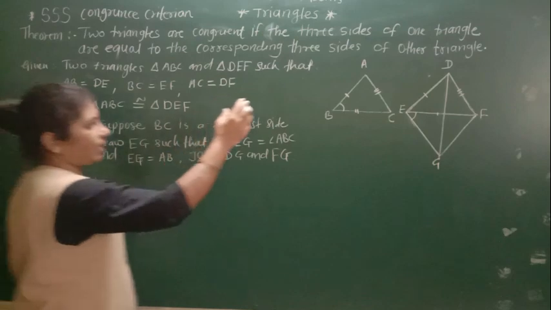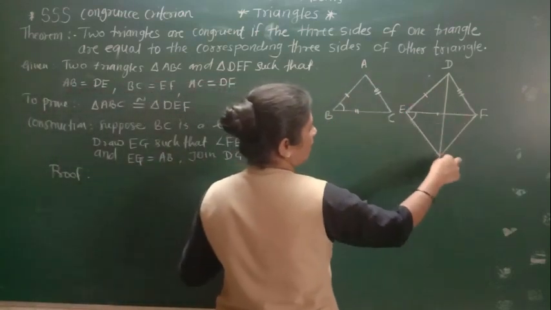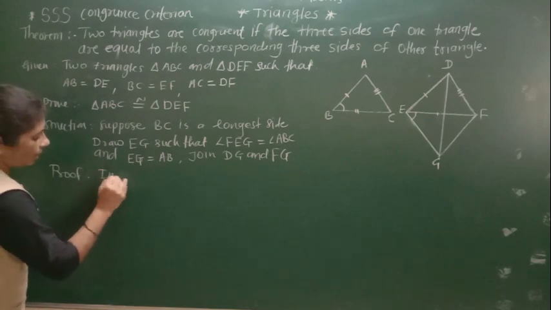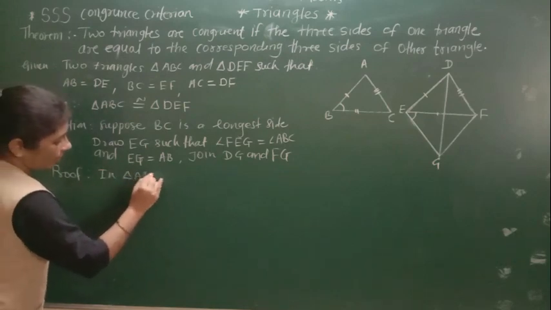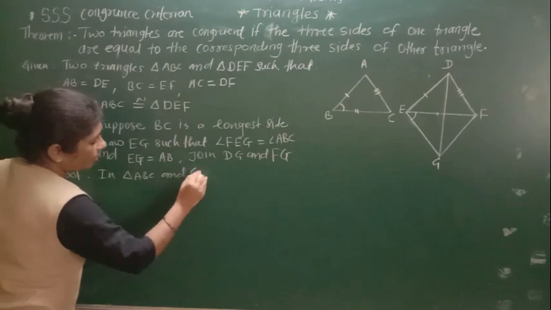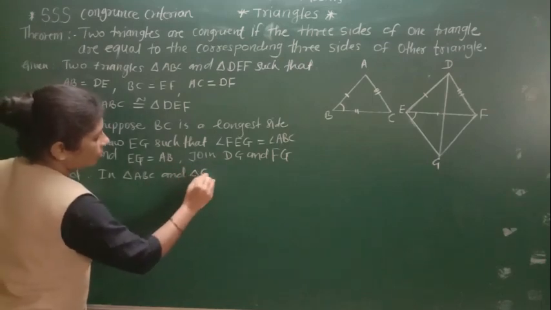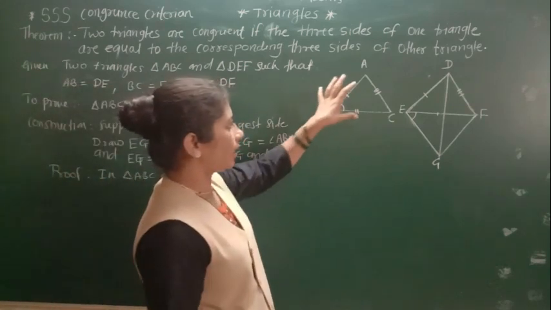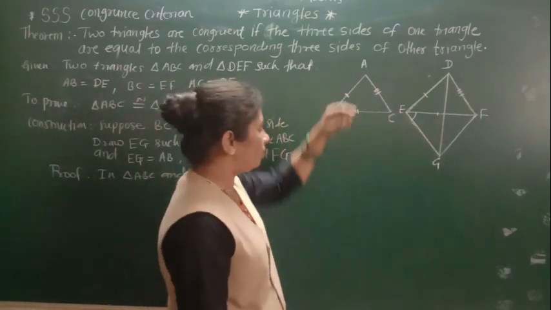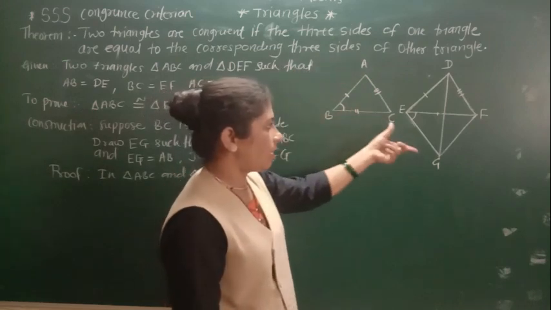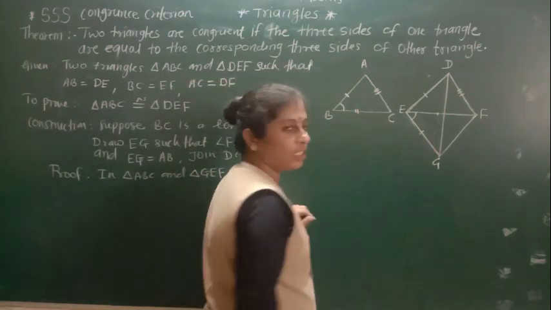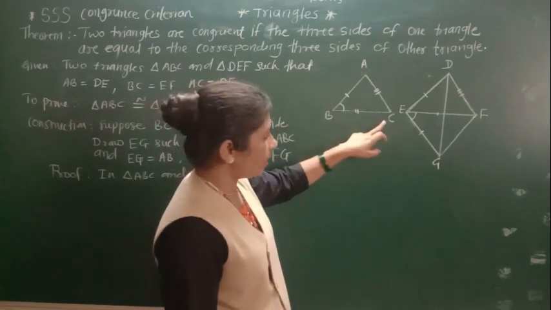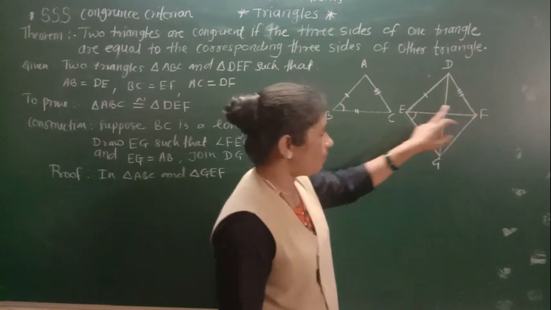First we will take triangle ABC and triangle GEF. What are the similar things in triangle ABC and triangle GEF? Just now, by construction, AB equals EG. Again angle ABC is equal to angle FEG.